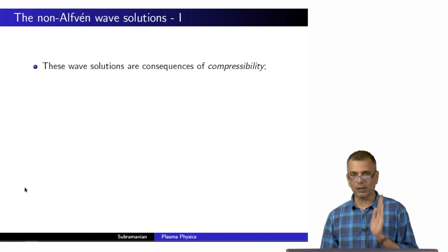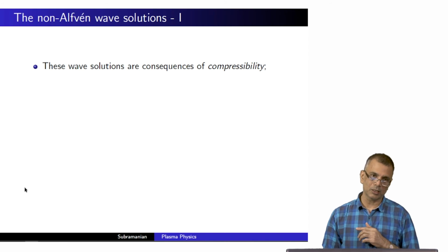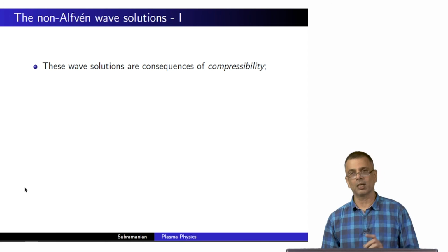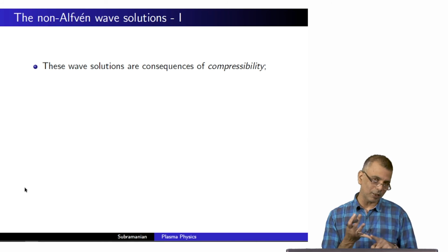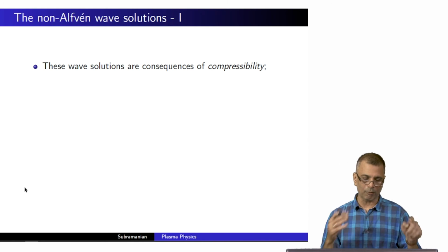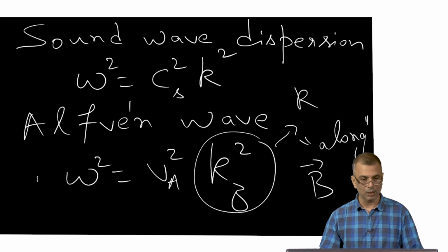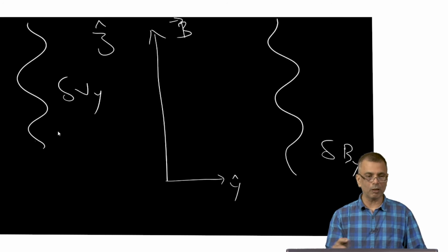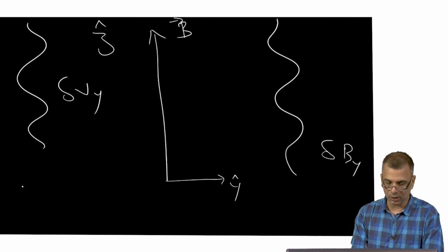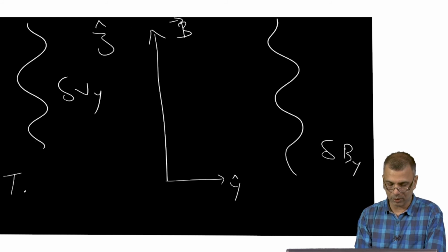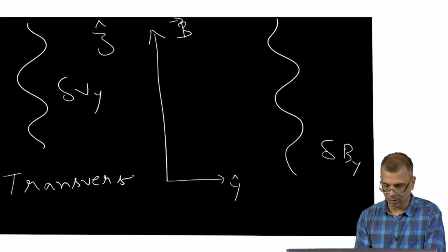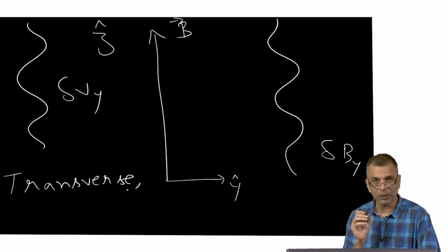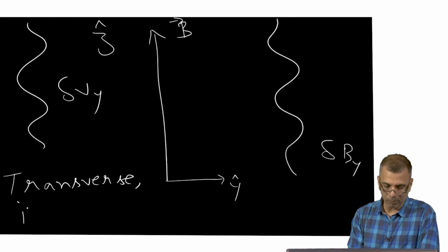They represent a particular kind of wave which is transverse; in other words, the velocity and the magnetic field perturbations are transverse, like this, and involve no delta p and delta rho, so they are incompressible. Now how about the other solutions?